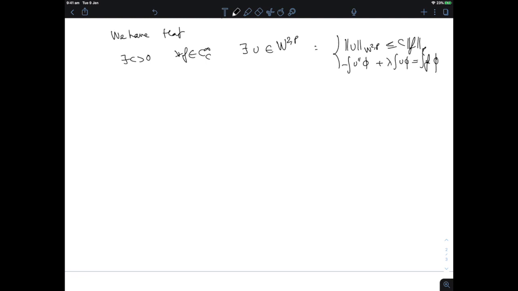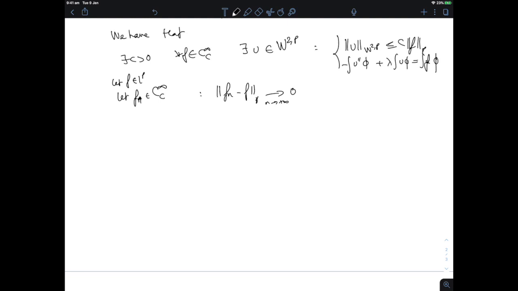You say for f in LP, let Fn be a sequence of functions in C infinity compactly supported that converge to f in LP. Right. Now, for any Fn, there exists a Un in W2P that satisfies the equation.